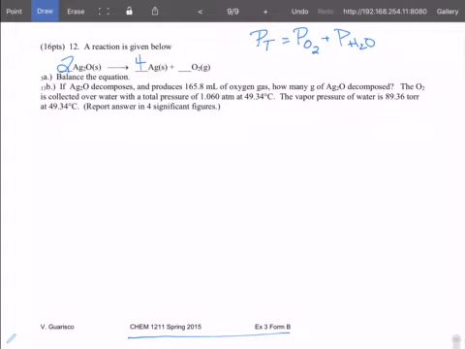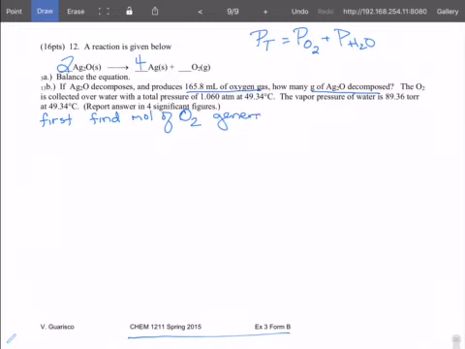So we're told that silver(I) oxide decomposes and produces that many milliliters of oxygen gas. The question is how many grams of silver oxide decomposed. So what we need to do is first find the moles of oxygen gas generated.